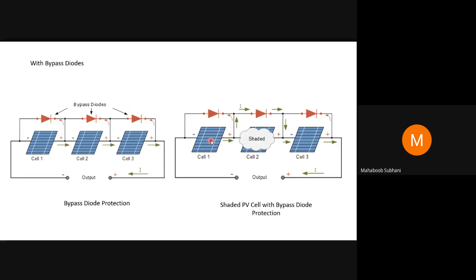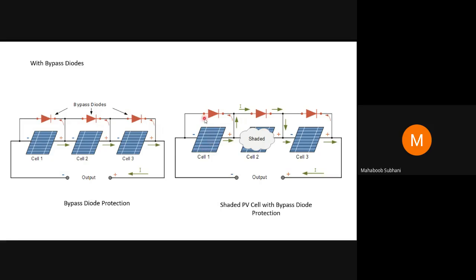We want the same voltage produced in cell 1 to be the same across this diode also. So if we measure the voltage across this diode, it should be the same as cell 1. Similarly, cell 2 and cell 3. Then only can we get the desired output from the panel.